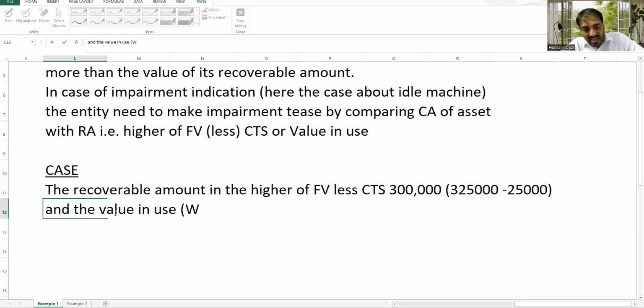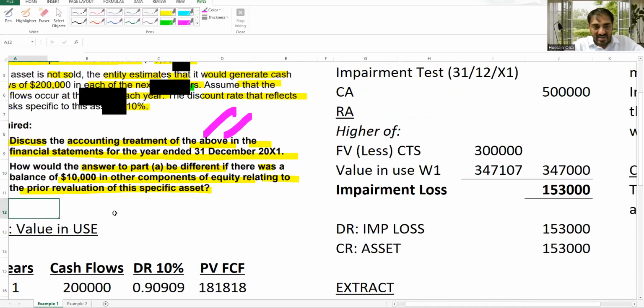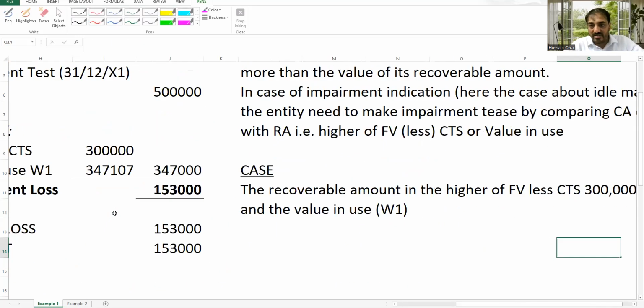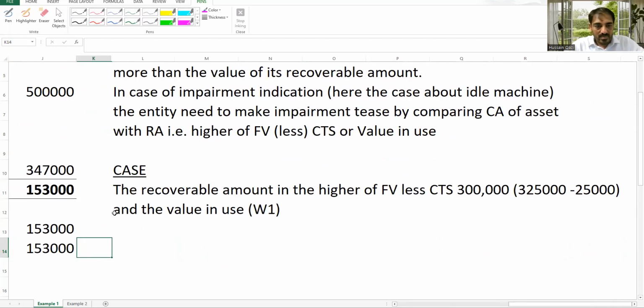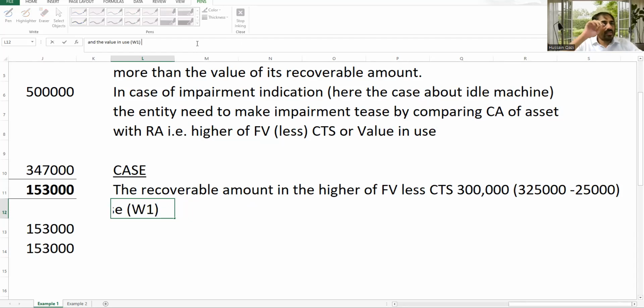You must mention the working one, whatever the value in use you need to calculate. You have to refer to the value in use, working one, and that is, sorry, 347,000.